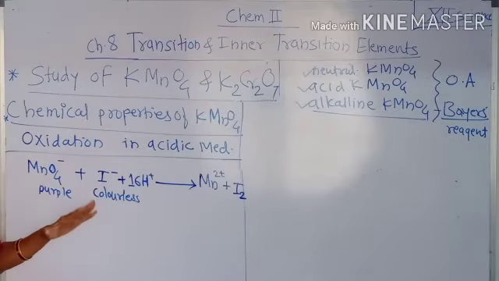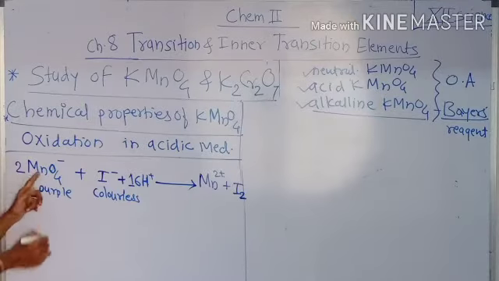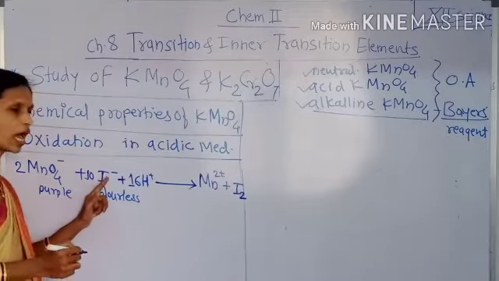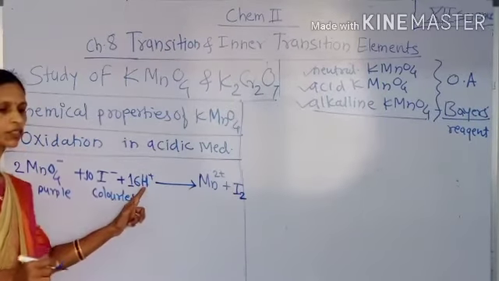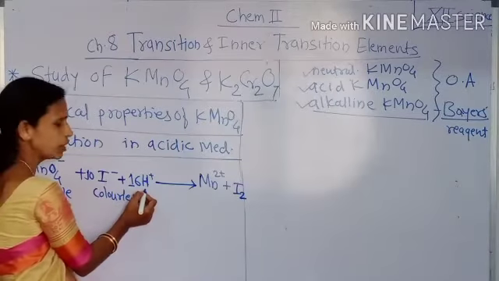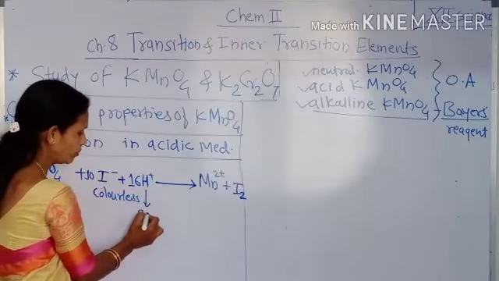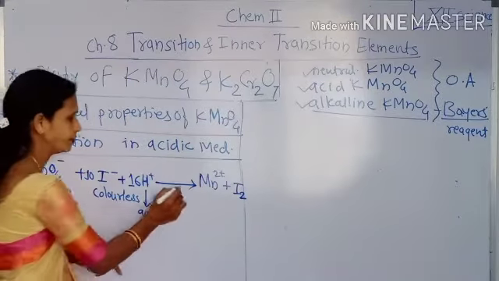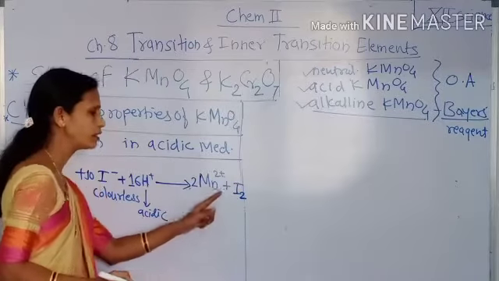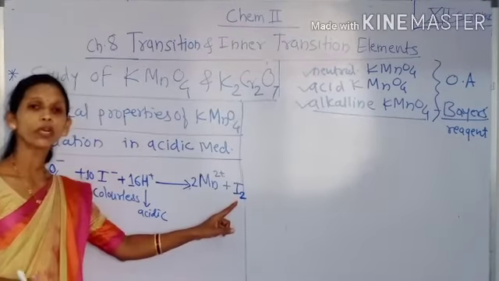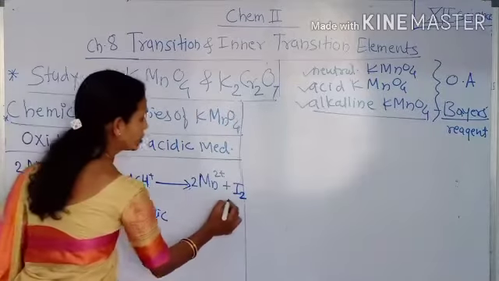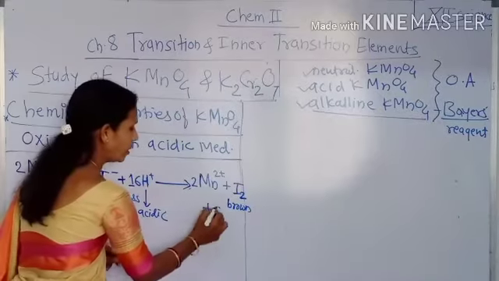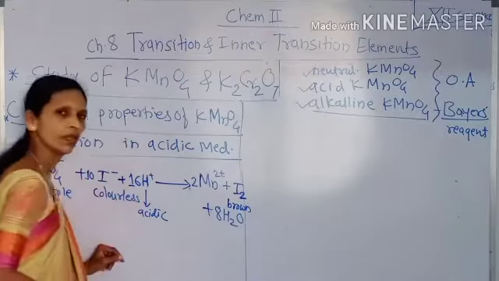Then we have to balance this reaction. Therefore 2 MnO4- plus 10 I- ions plus 16 H+ ions, which make the solution acidic, is converted into 2 Mn2+ ions and molecular iodine, which is brown in color, with 8 molecules of H2O.